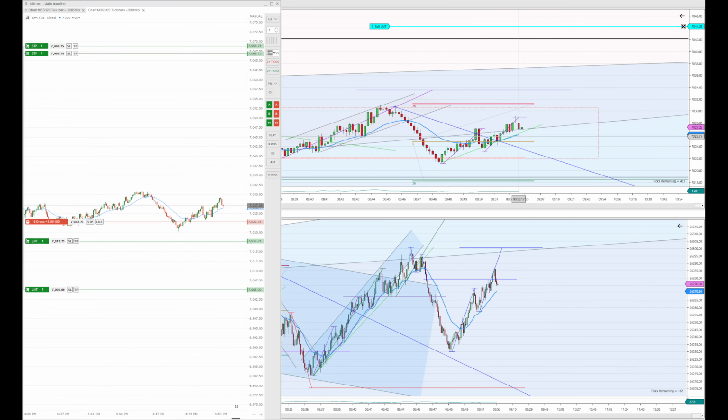Alright, so a close below the EMA and this potential short-term uptrend would be the entry.